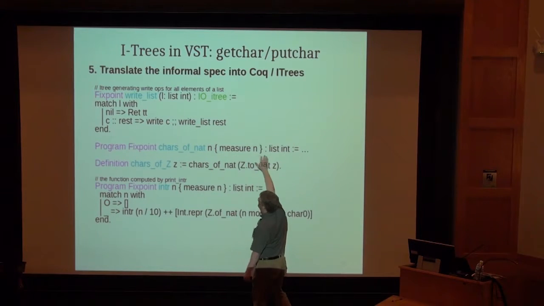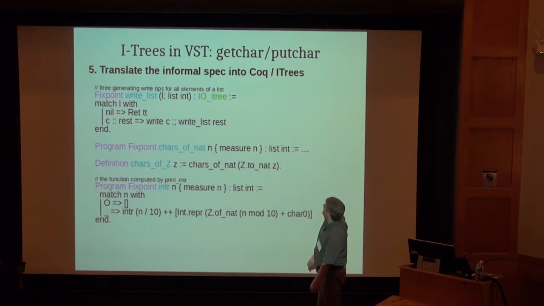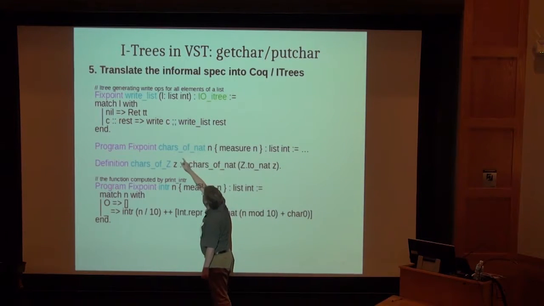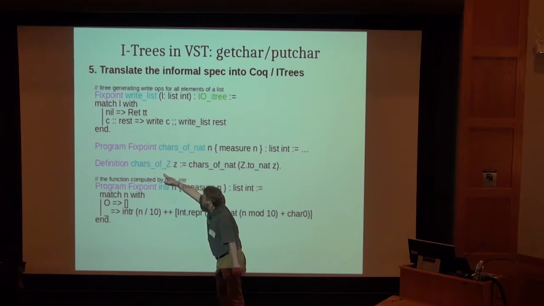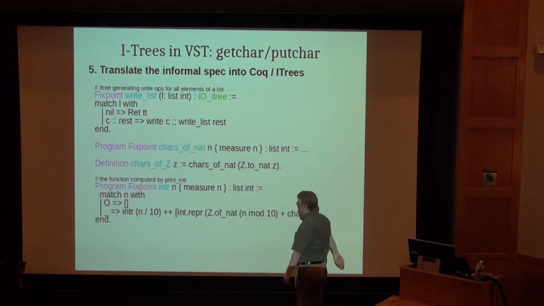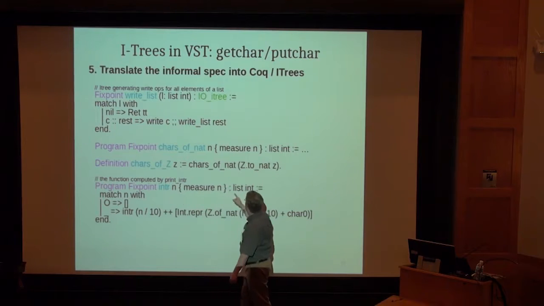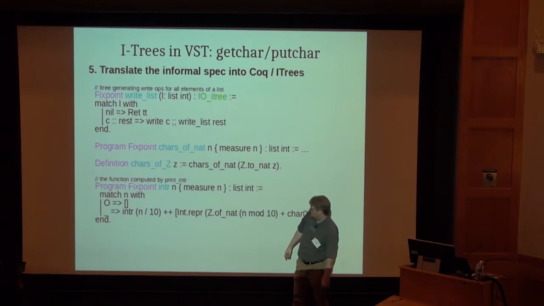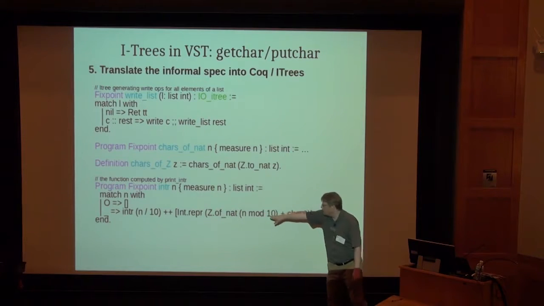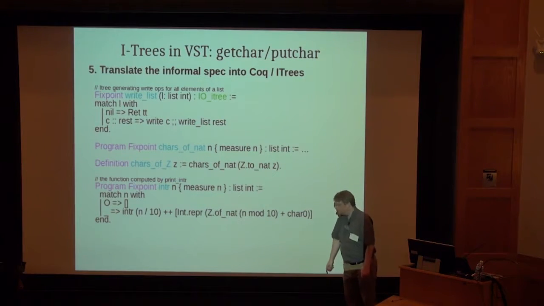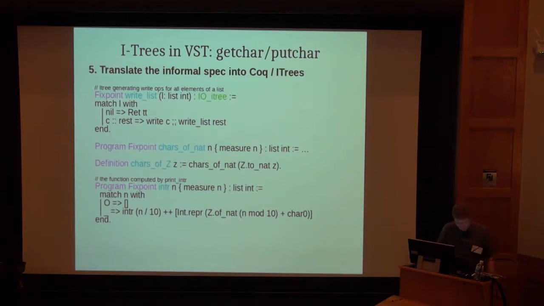We may define some additional helper functions that turn characters, turn natural numbers into characters, or turn Z's into characters. Then we define maybe a function like this, int r, that gives us a list of integers that we probably want to print in the end, and it does some calculations there with division by 10 and taking things modulo 10 and adding the character representation of 0, like 48 or whatever it is.